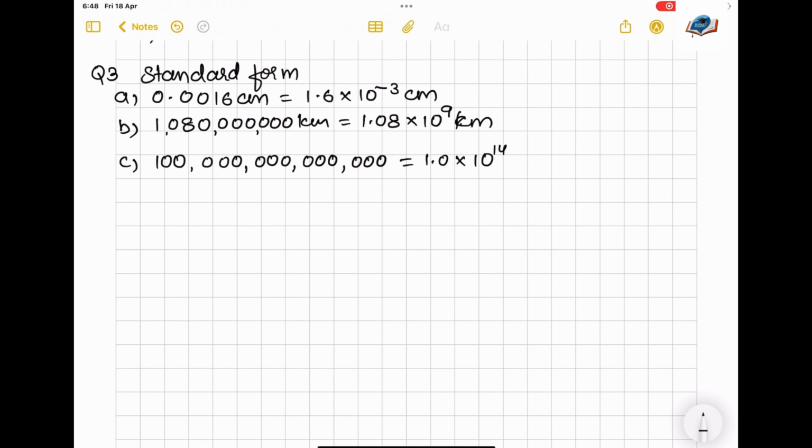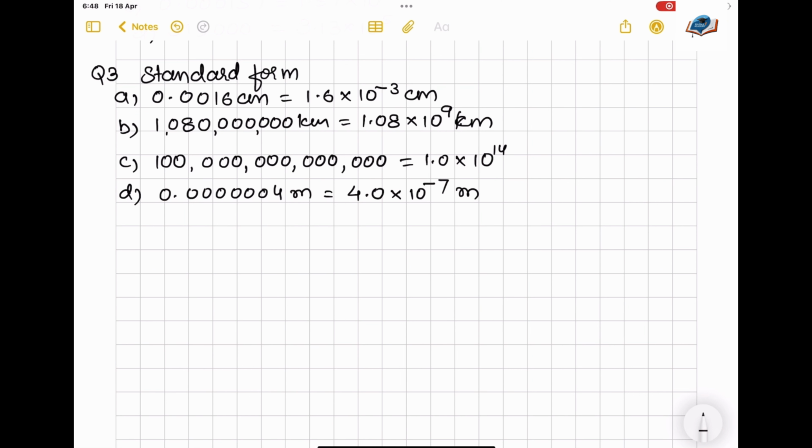Then D one is length of the shortest wavelength, that is of violet light, is 0.4 meter. So that will be 4.0 into 10 raised to minus, now how many? See, 1, 2, 3, 4, 5, 6 and 7. So minus 7 meter.